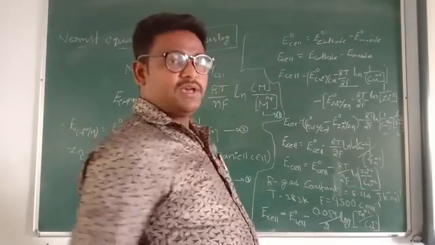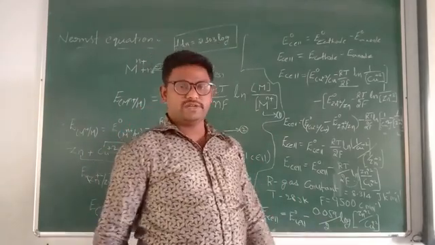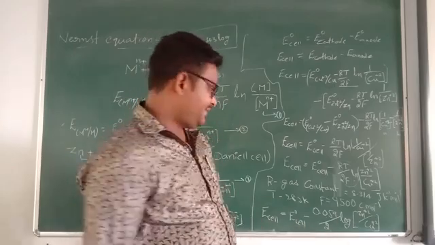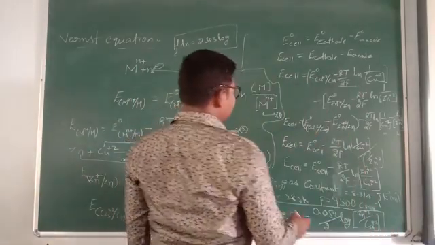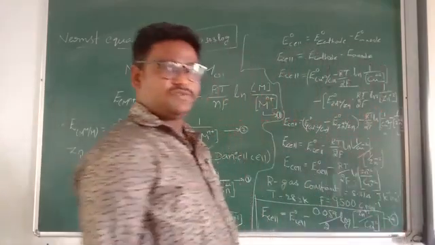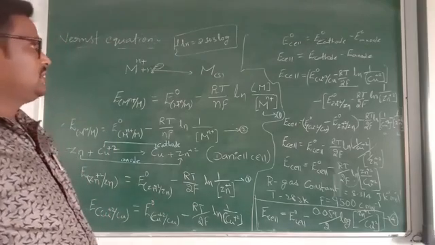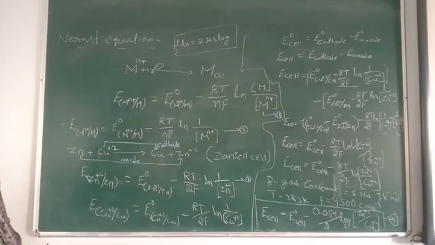If the number of electrons lost or gained is 1, then it is 0.059 by 1 only. So like that this formula is derived. This is a very useful formula, called equation number 4, which is highly useful in solving problems of electrochemistry. Write it down, all of you. If you have any doubts, you can call me and ask me, so that I can clear your doubts.